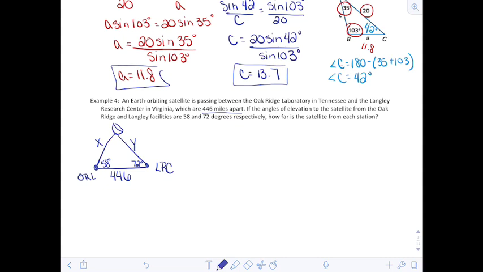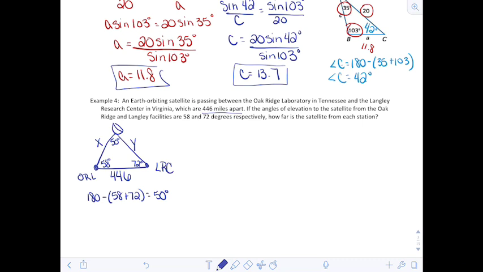Well, when I know two of the angles of the triangle, I can find the third angle simply by doing some math. So I can say 180 minus 58 plus 72 is going to give me an angle of 50 degrees, which is important because the only side I have is the 446.